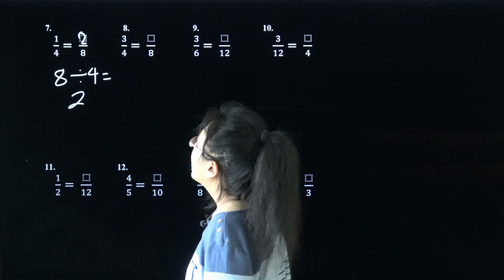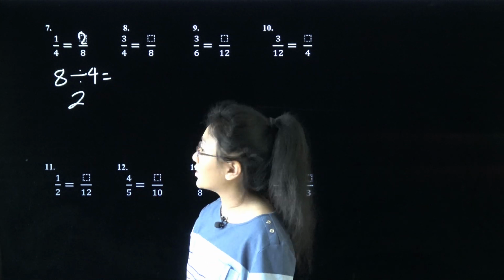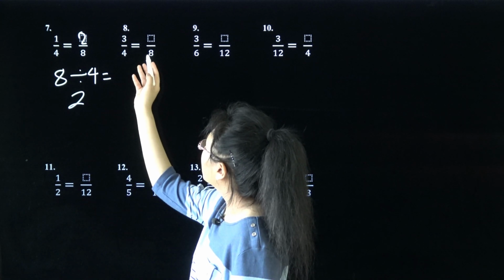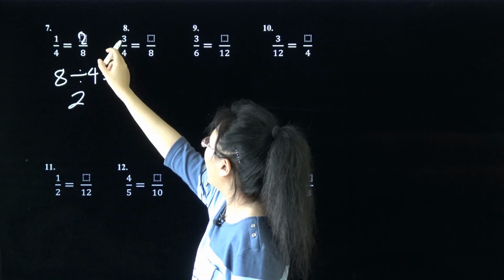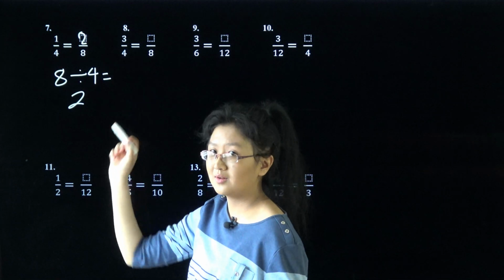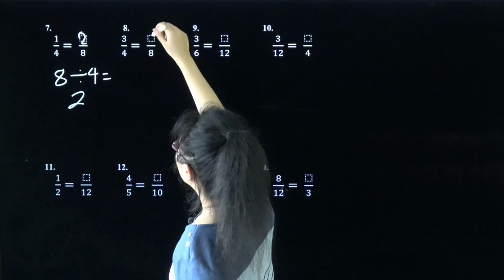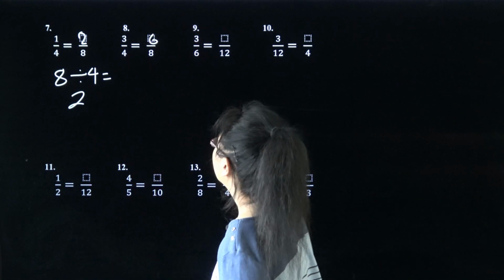Now we move on to this one. It's the same 2, so we know that 8 divided by 4 equals to 2. And since 4 times 2 equals to 8, then we must multiply the 3 by 2 at the same time since, well, as I've said before. Then 3 times 2 equals to 6.